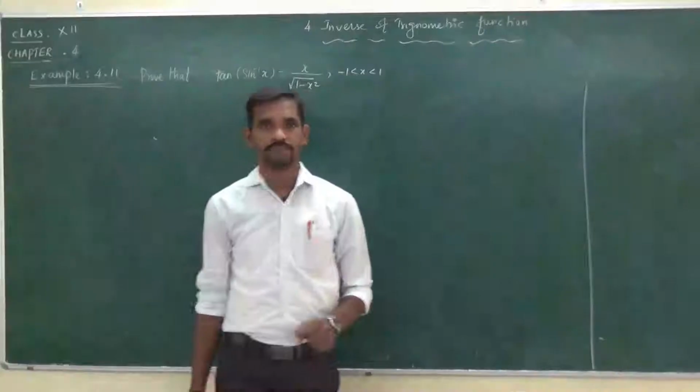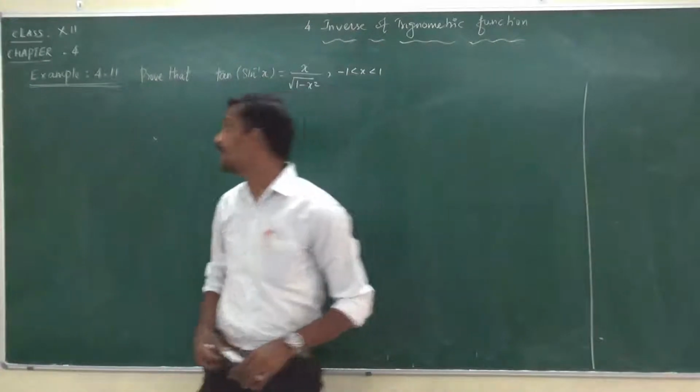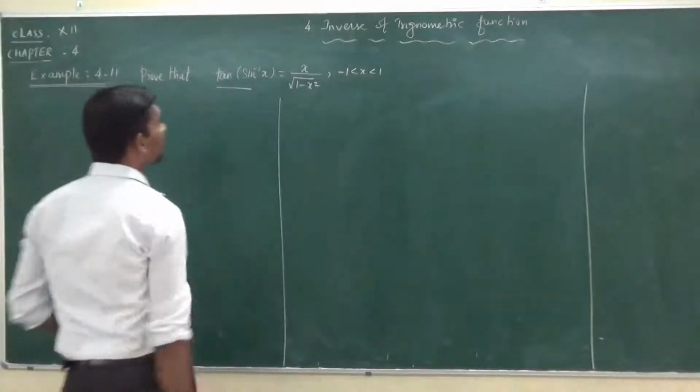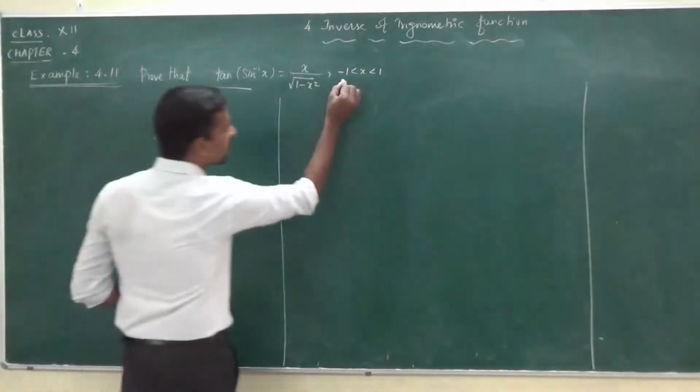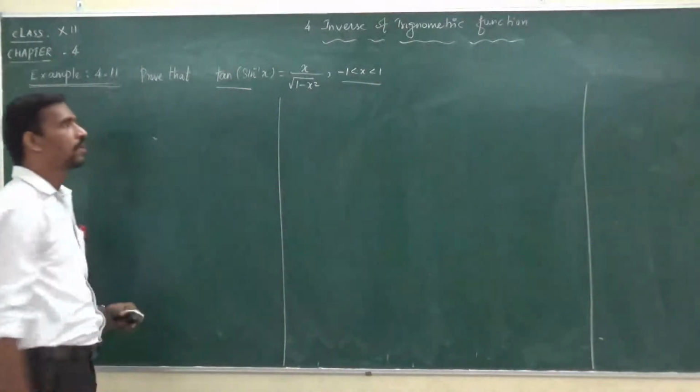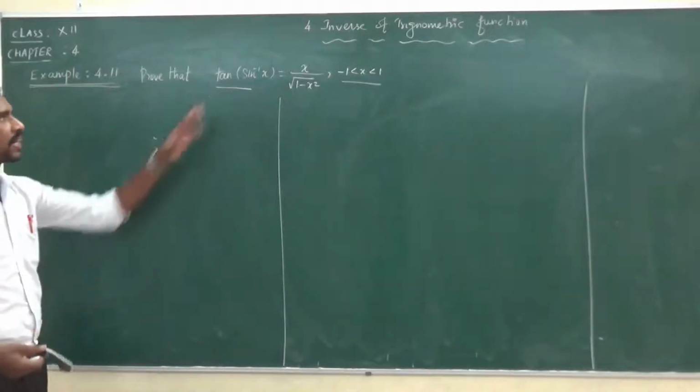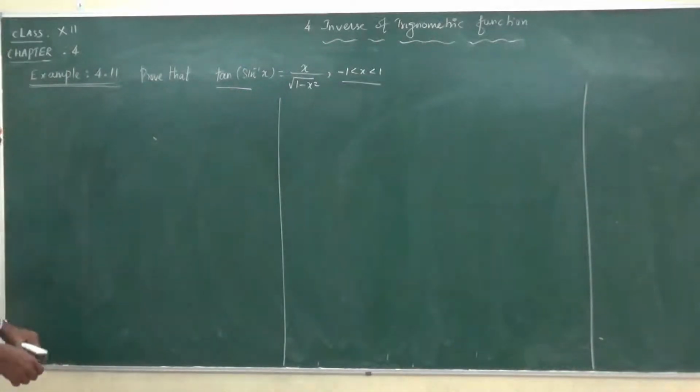That's all. Hi students, this is example 11. Prove that tan of sin inverse of x is equal to x divided by root of 1 minus x square within the interval minus 1 less than x less than 1. Within the interval we have to prove that the left side is equal to the right side.